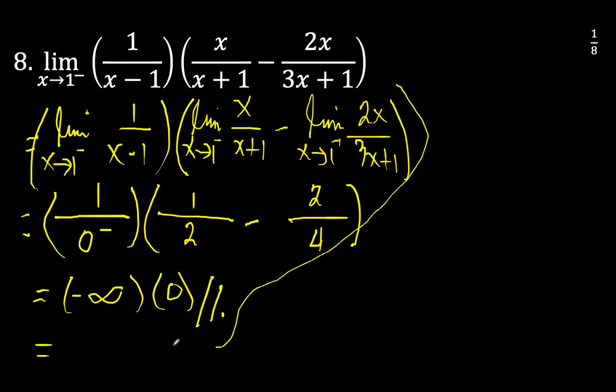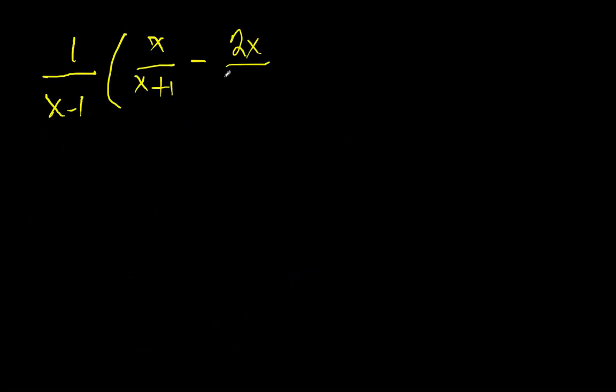So let's try solving the function first. So 1 over x minus 1, all right, times x over x plus 1 minus 2x over 3x plus 1.